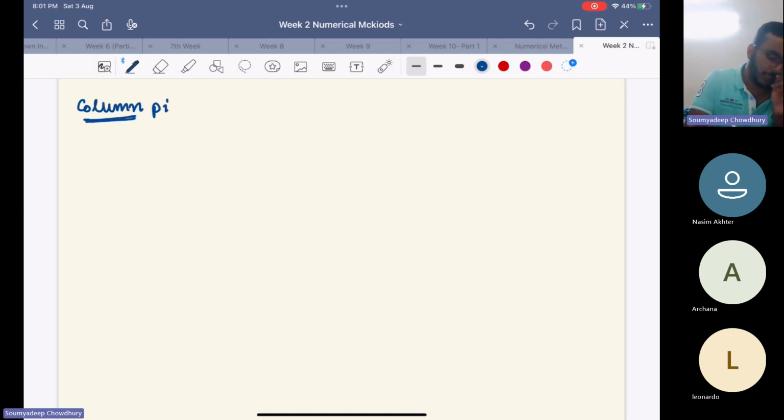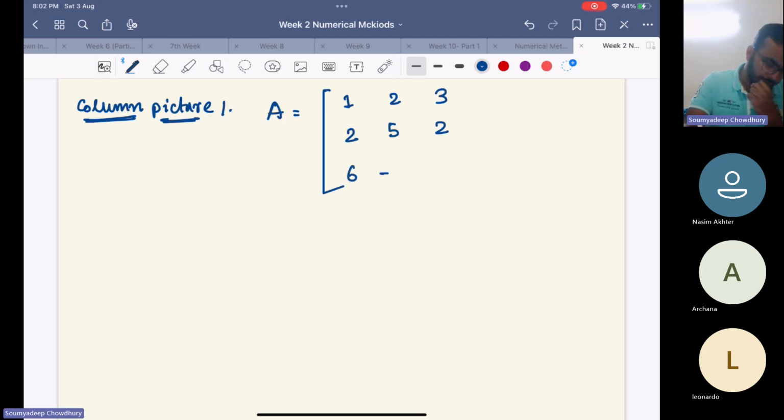If I write it in the form of column picture, first I have to write the A and B matrix. What is A here? It is 1, 2, 3, 2, 5, 2, 6, minus 3, 1. And B is 6, 4, 2.